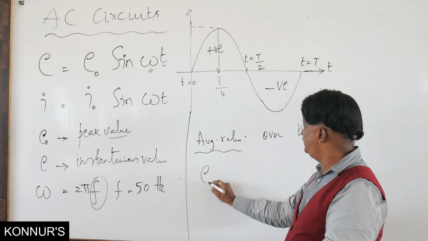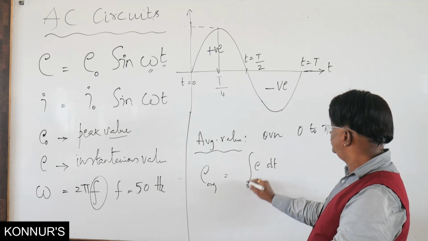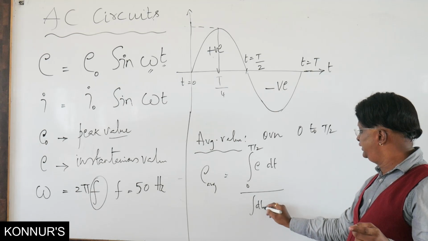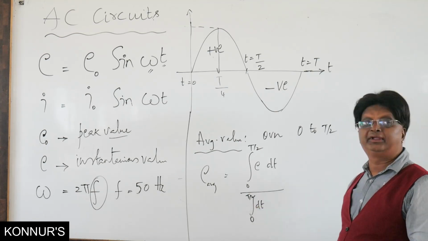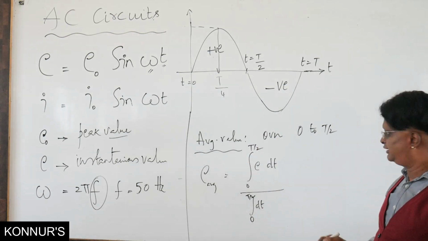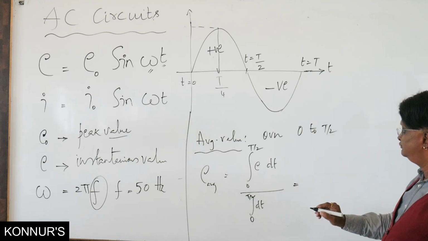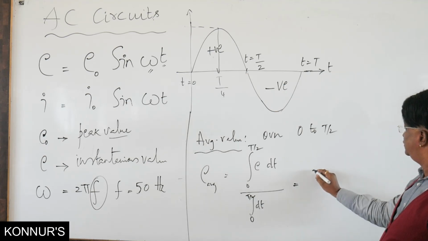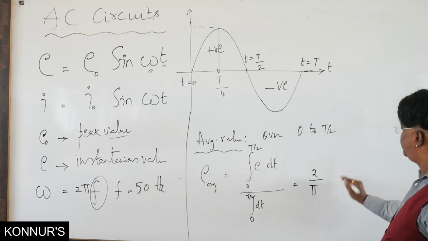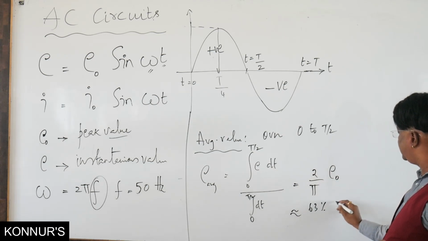We are now defining E average value as the integral of E dt from 0 to T by 2, where capital T is the time period, upon the integral of dt from 0 to T by 2. This is the definition, and if we evaluate this integral by substituting the value of E, using simple integral calculus, the value that we get is 2 by pi times E naught, and it is nearly 63% of E naught.